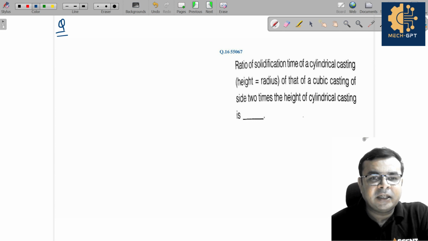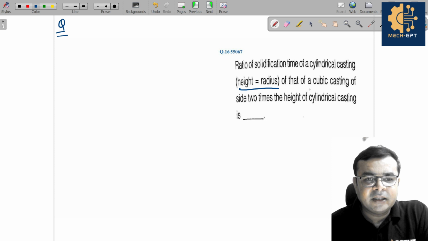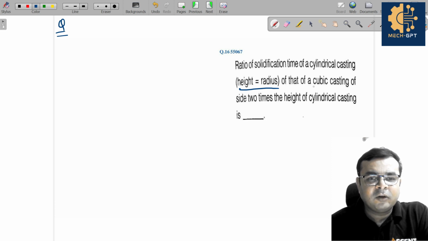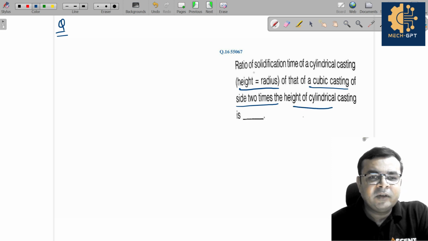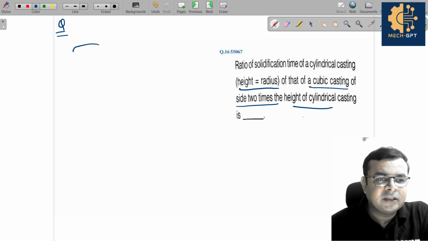The ratio of solidification time of the cylindrical casting, where height is equal to radius, to that of a cubical casting of side 2 times the height of the cylindrical casting. Correct. So you can see here we have the two castings, one is the cylindrical casting and one is the cubical casting.